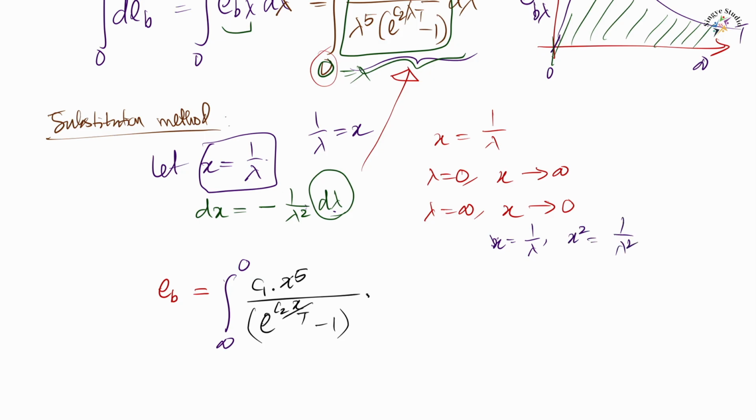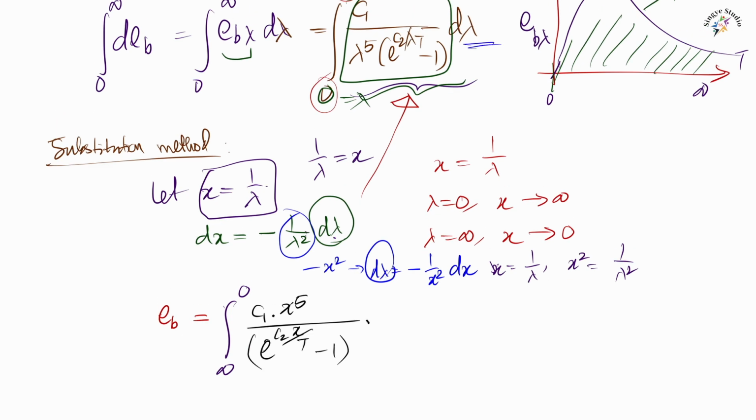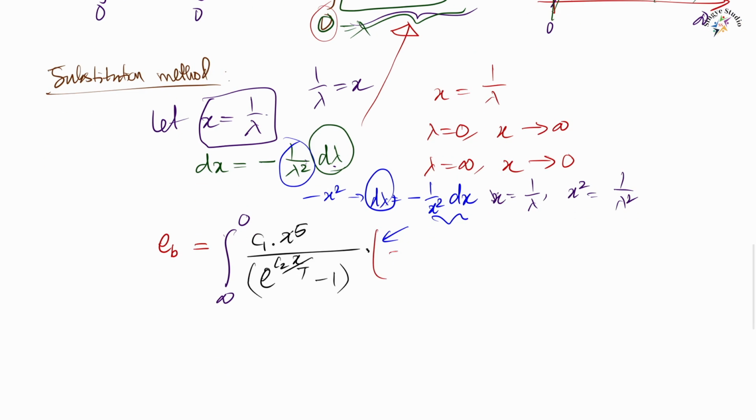So I can substitute here lambda squared by minus of x squared. So my d lambda equals, I've shifted this, minus 1 by x squared times dx. So in terms of d lambda, I'm going to substitute this value here, which is now minus 1 by x squared dx.